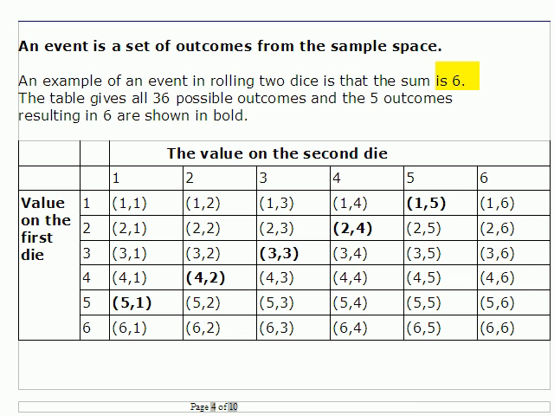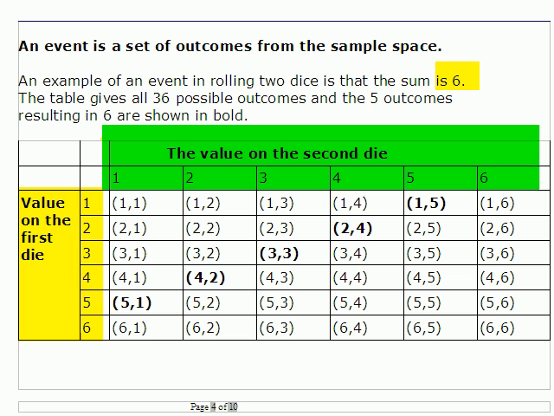But if you roll 2, you can put it in a table like this, or there's other ways to compute it. So here's what's showing up on the face of 1, here's what's showing up on the face of the other die. When you add those together, you find out there's 36 possible ways. And so your sample space has 36 outcomes in it. That's what I have up here.